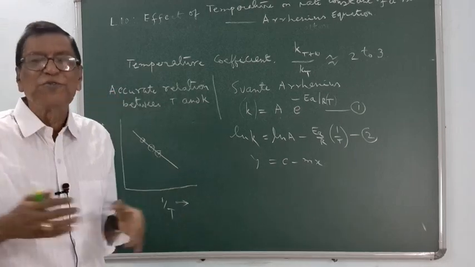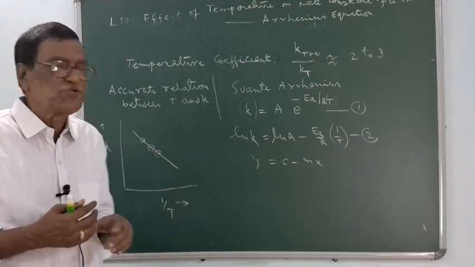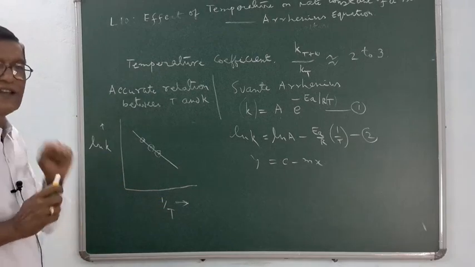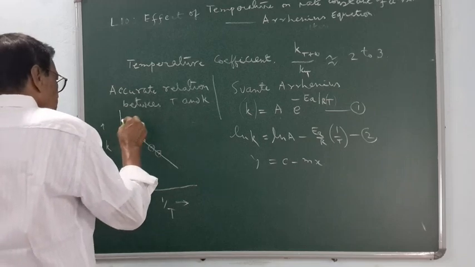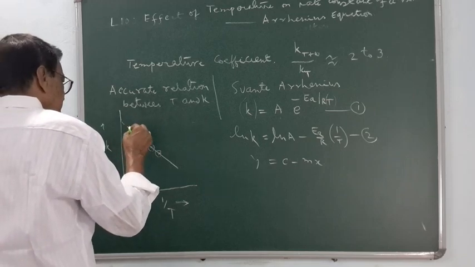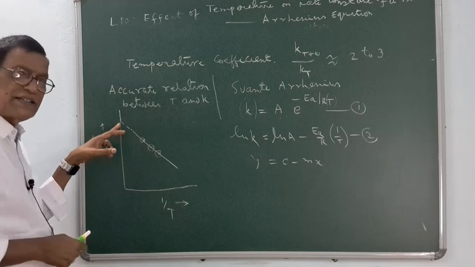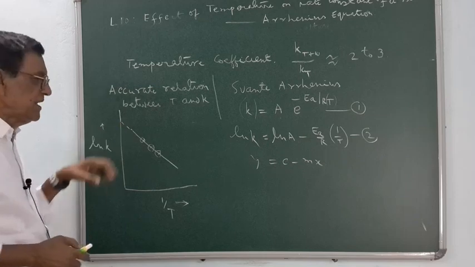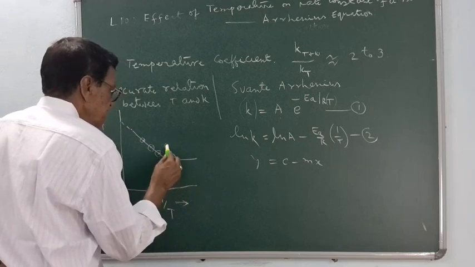You cannot do any experiment to study the rate constant of a reaction, so it remains blank. However, we can extrapolate, extend this plot to cut the y-axis, and the slope, this is theta.